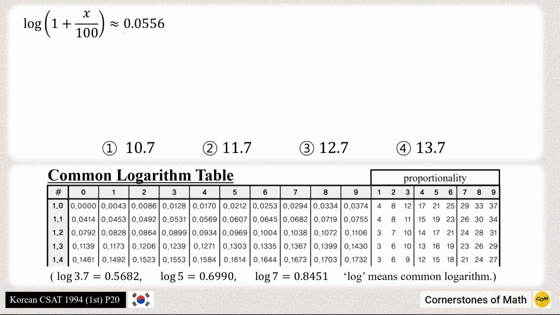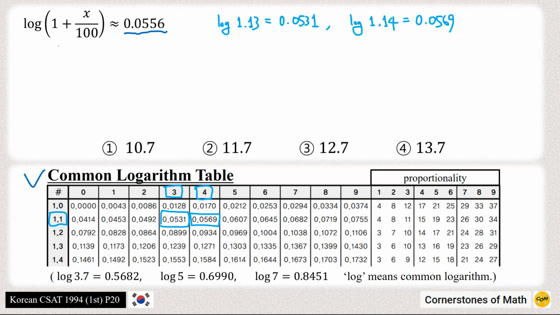Now we have to do the reverse process of what we just did and find the number that gives the log value of 0.0556. From the log table, we can see that log 1.13 is 0.0531 and log 1.14 is 0.0569. So this must be somewhere between 1.13 and 1.14. Actually, using this proportionality part, we can find that we have 26 in this column 7.